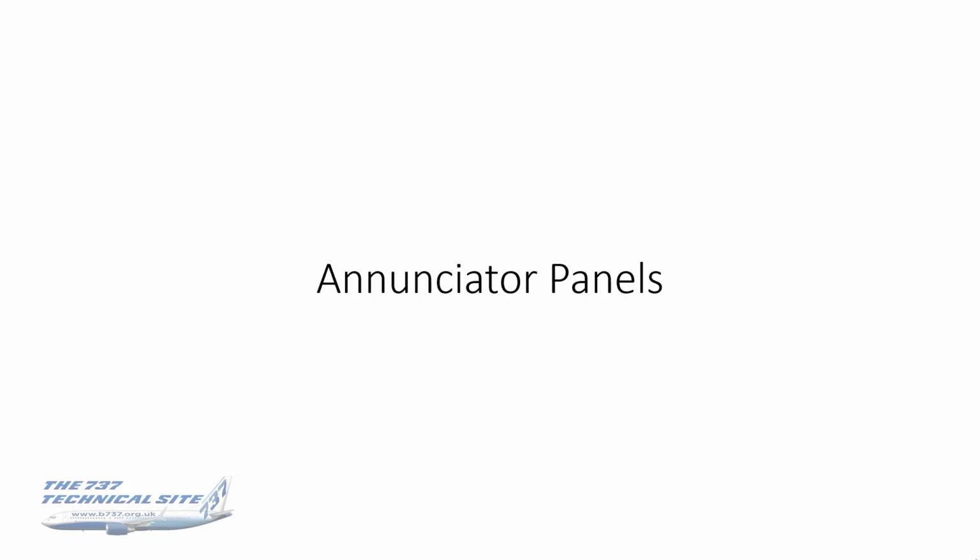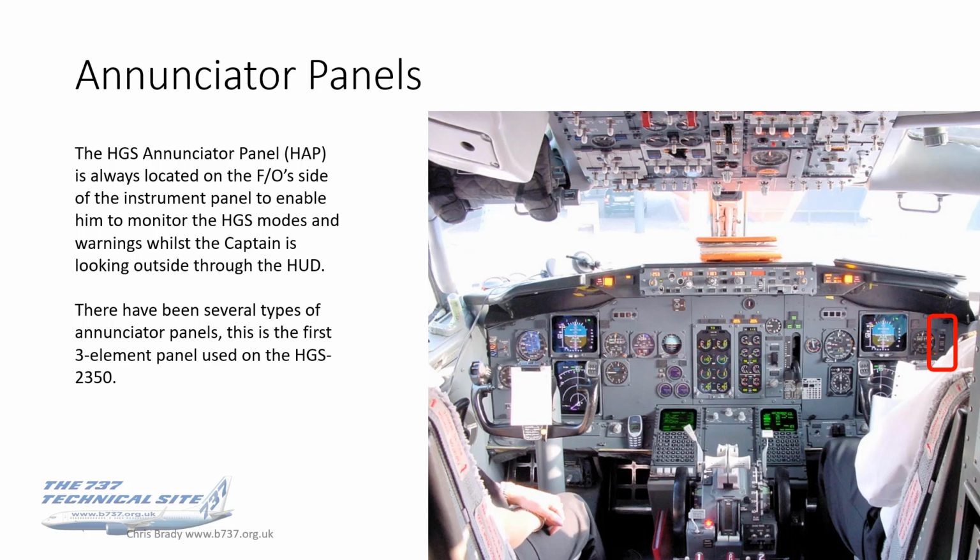Okay, on to the Annunciator panels now. That's it in the photo way over there on the right hand side. This is on an old 2350 on an aircraft I used to fly. The Annunciator panel is always located on the FO side of the instrument panel.